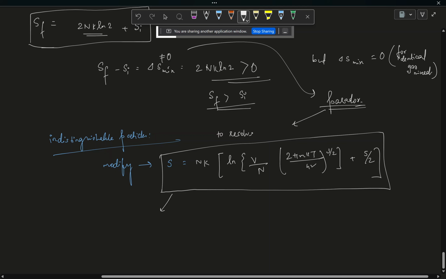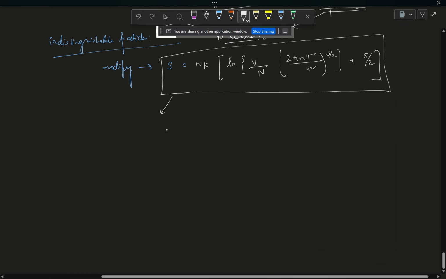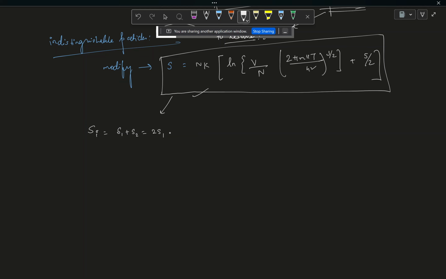To resolve the paradox, we have to take into account that the particles from the two compartments of gases are indistinguishable particles because they belong to the same gas. Now the modified entropy looks like this. So again we calculate similarly what your initial entropy and what your final entropy is. So initial entropy is S1 plus S2 equal to 2S1, which is 2nk ln of (V by N) (2 pi mkT by h squared) to the power 3 by 2 plus 5 by 2.